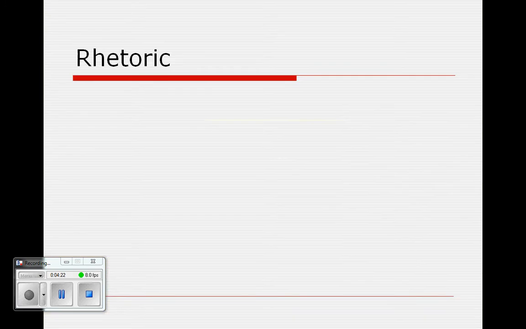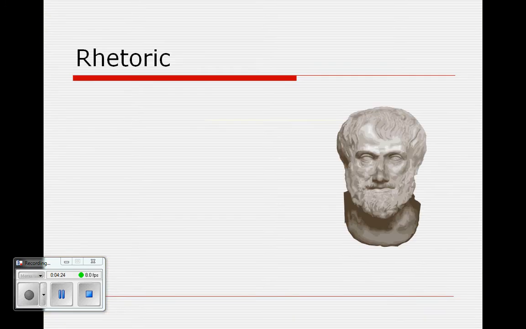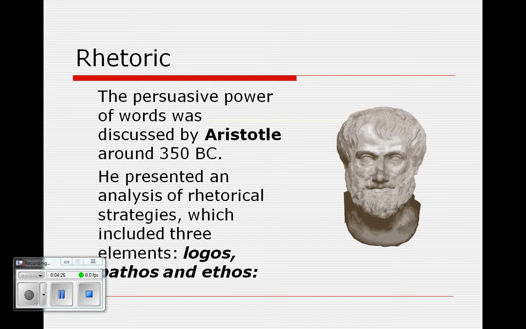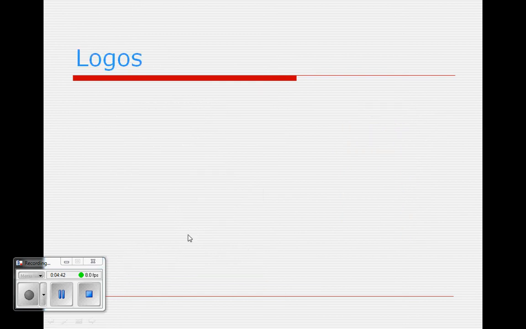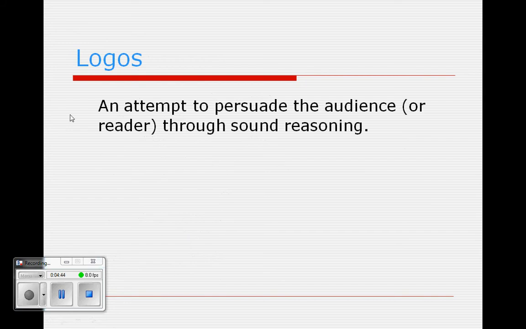These are three strategies or three elements that are used to convince any reader with your viewpoint: the logos, the pathos, and the ethos. Now, what do you mean by the logos? Logos comes from the word logic.